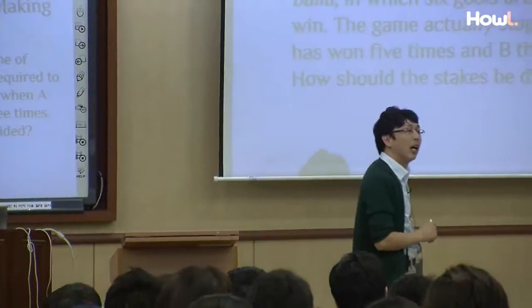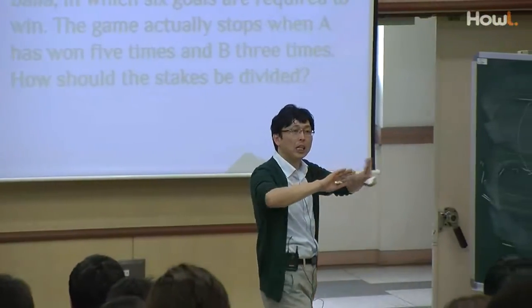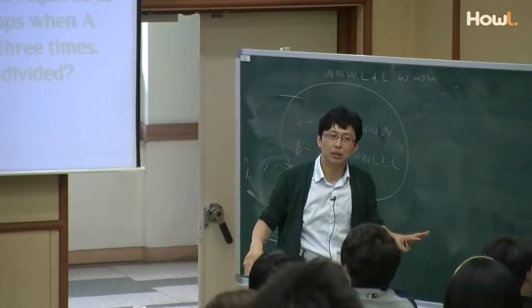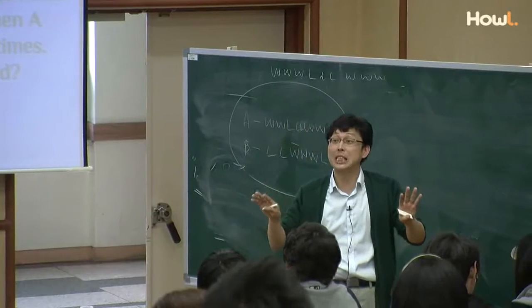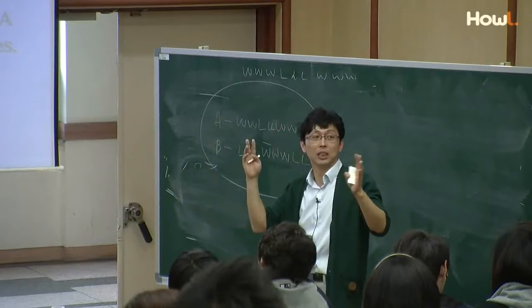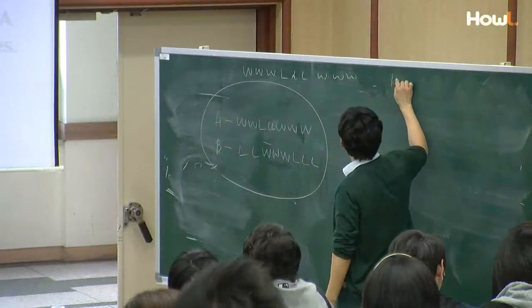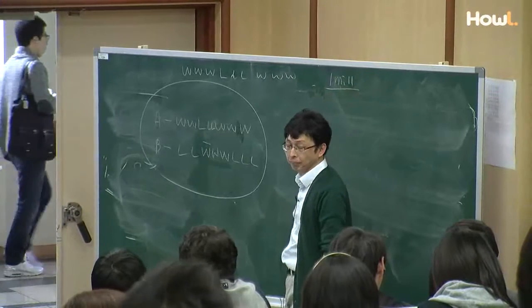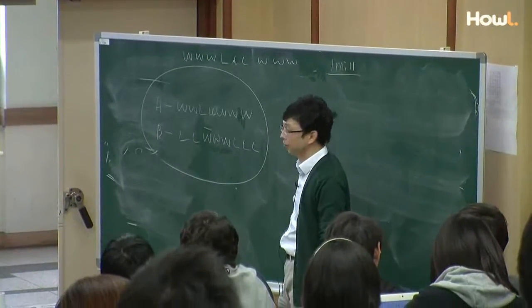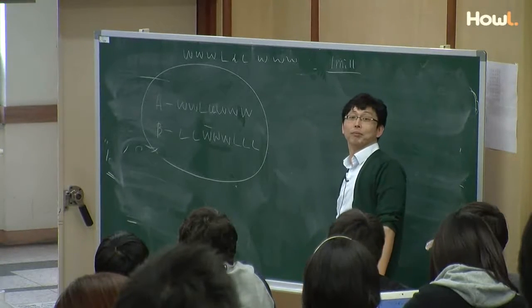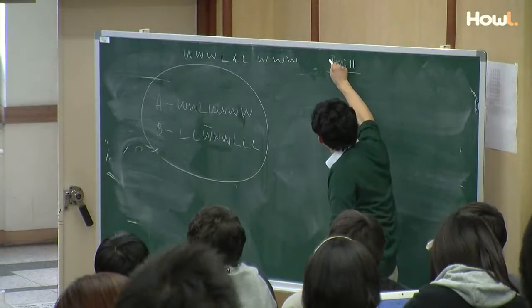In this case, how should we split the stake, the money, the reward? That is called the stake in English. What is the reward? Okay, $8 million.